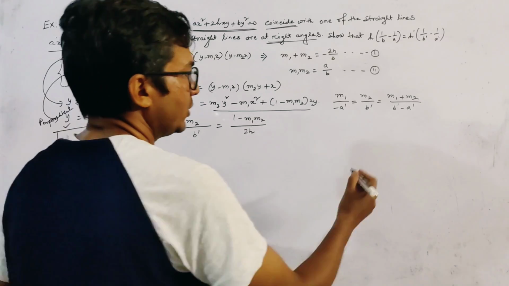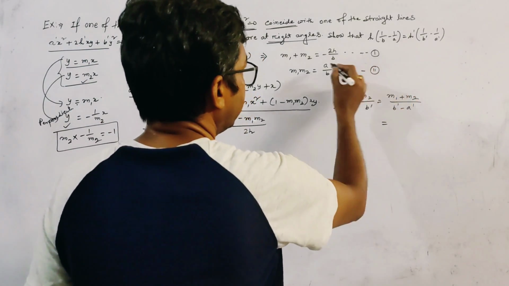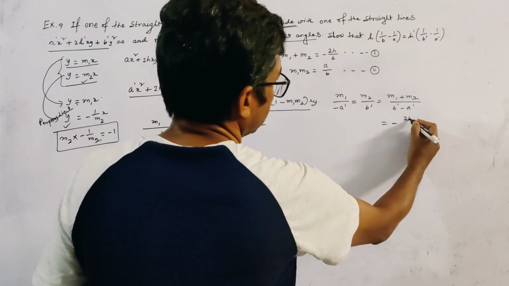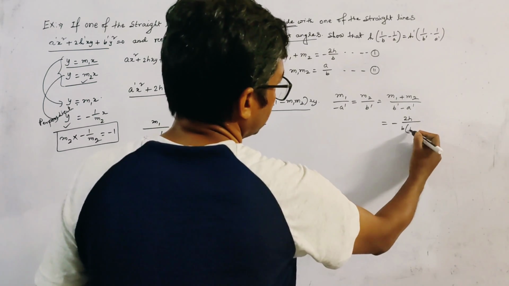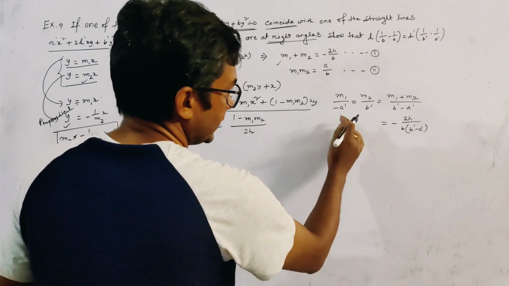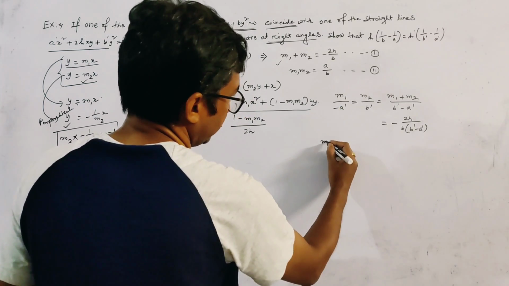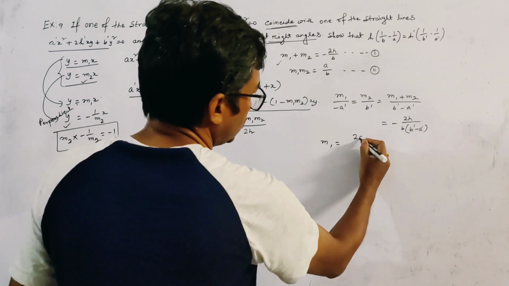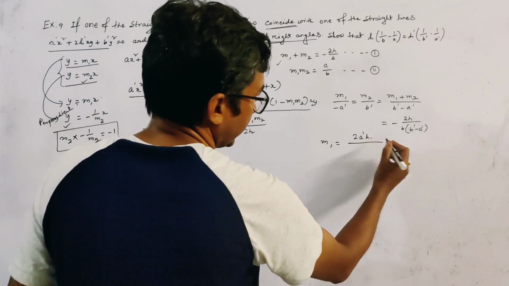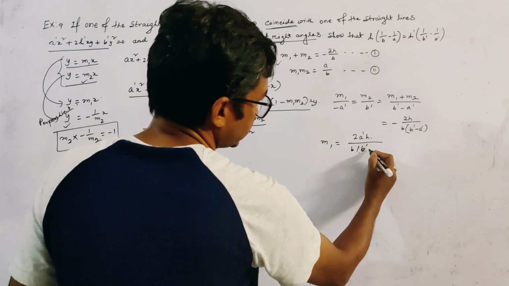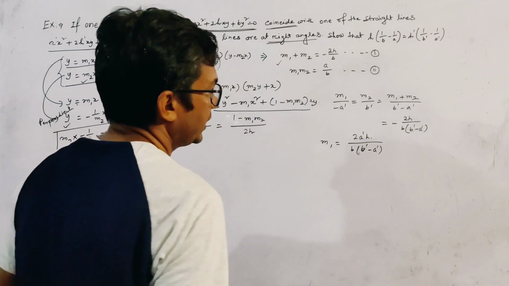We already get in relation number 1 that m1 + m2 is given by −2h/b. So from this and this we get the value of m1, which is given by 2a'h/(b(b' − a')).